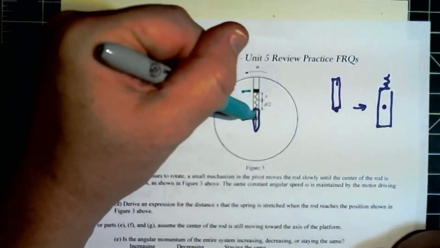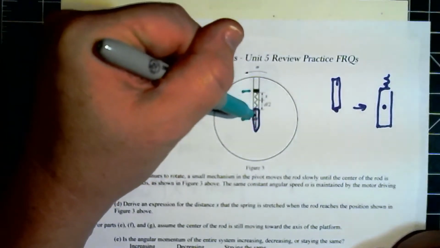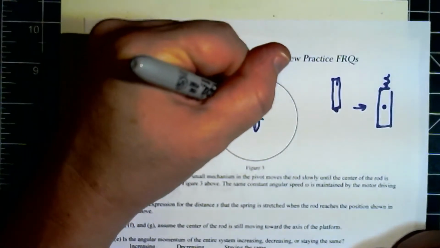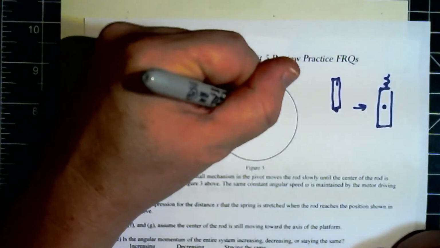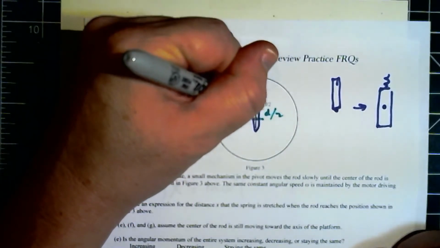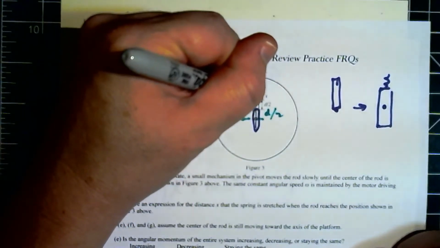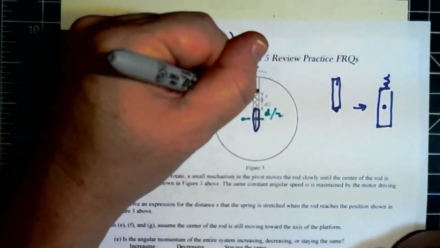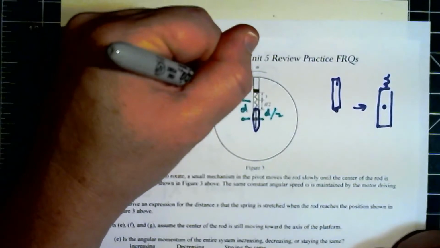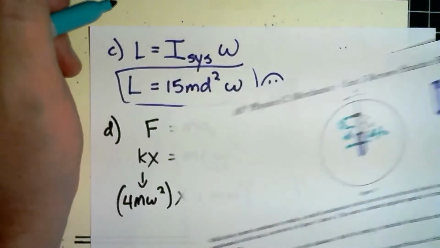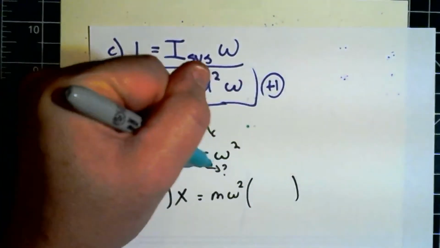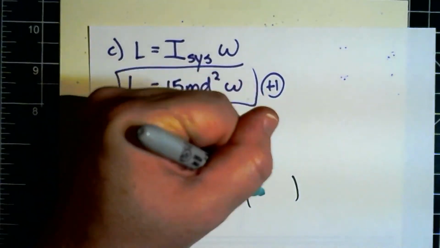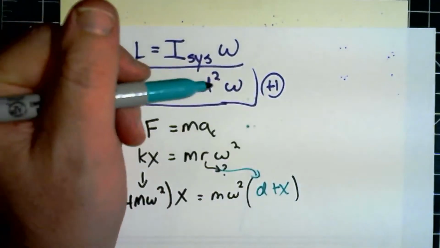So if that's true, then this rod, which was originally distance d, is now d over 2 to the bottom of the spring, plus d over 2 plus x. So in other words, d over 2 plus d over 2 is just d, plus an extra x. All right. So now my new radius here is d plus x.